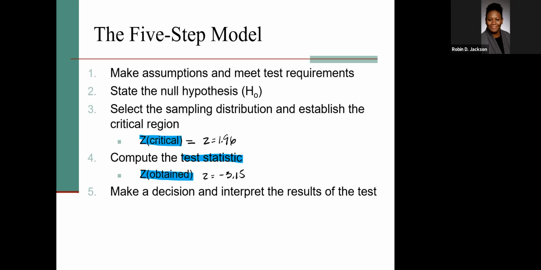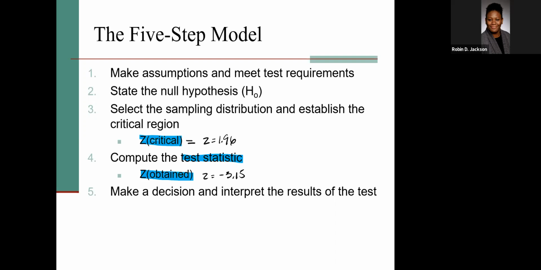It's essentially the Z obtained, the statistic that's computed in step 4 of the 5-step model. Even though those are essentially related to the same thing, I'm giving you the information for both of them because you'll hear or see those terms used throughout parts of the hypothesis test. So I just want to make sure you know and understand that.